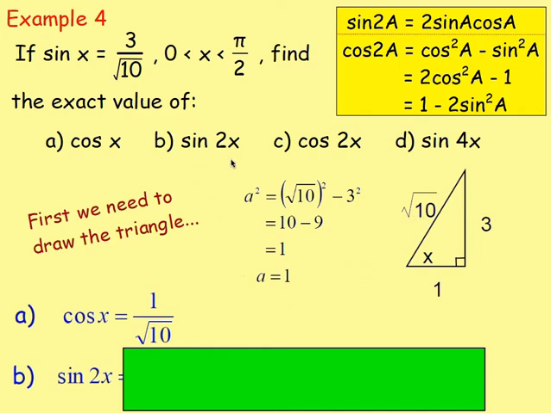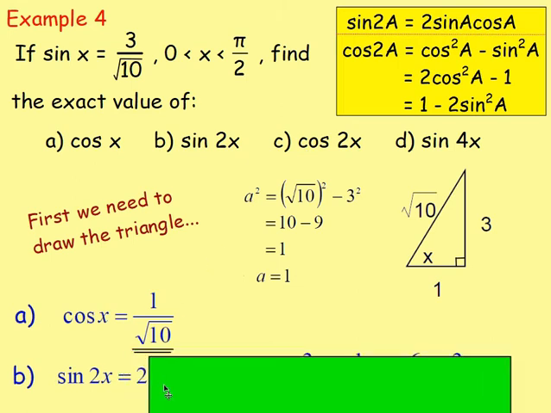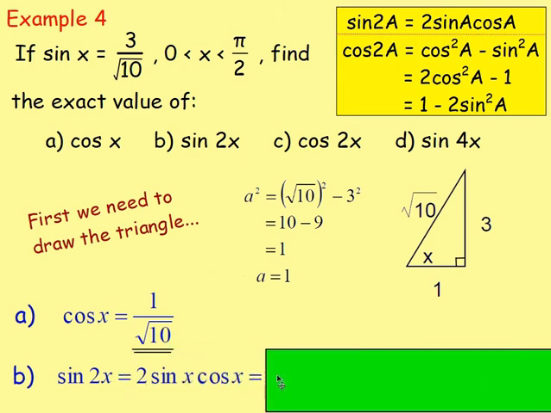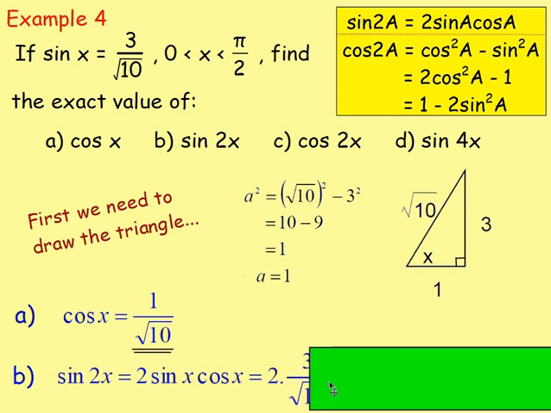Slightly trickier, sin 2x. How would you go about finding that, Lily? Good, use the formula. So using the formula, you know that sin 2x, you could replace that with 2 sin x cos x. So doing that, you know what sin x is. It's given in the question. That's 3 over root 10. Cos x, we just found out. So that's going to be 2 times 3 over root 10 times the 1 over root 10.